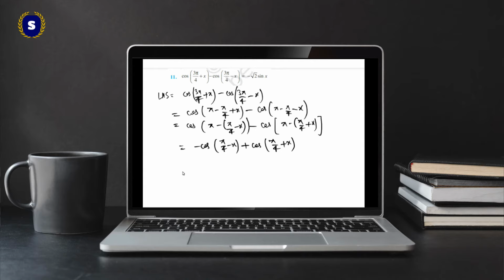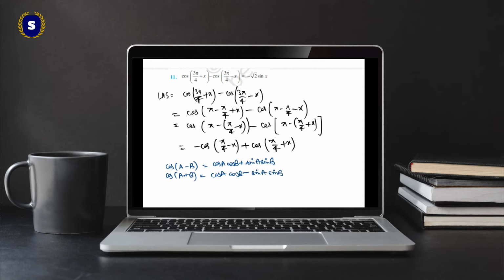Now elaborating them using the equation of cos(a minus b). Let me write it. Cos(a minus b) is equal to cos a cos b plus sin a sin b, and cos(a plus b) is equal to cos a cos b minus sin a sin b.